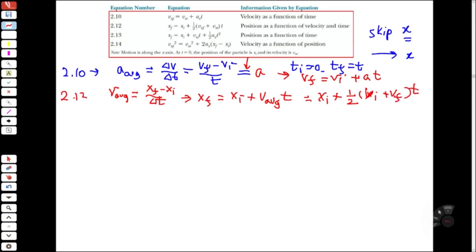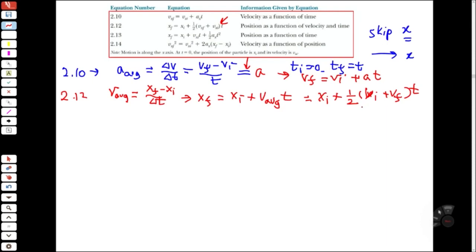Okay, so that is the second expression. Here it is essential to recognize that for a constant acceleration, because it is increasing steadily, the average velocity is half of initial plus final.